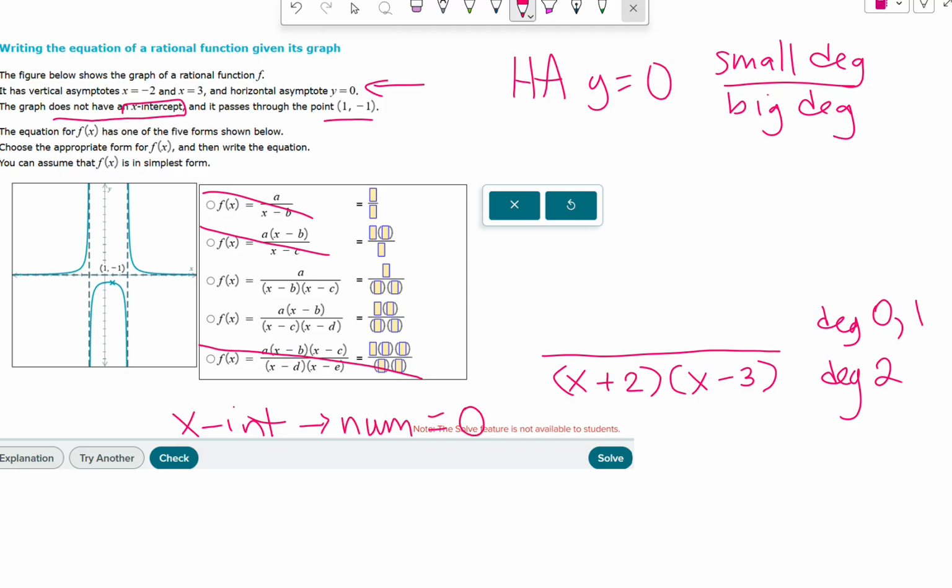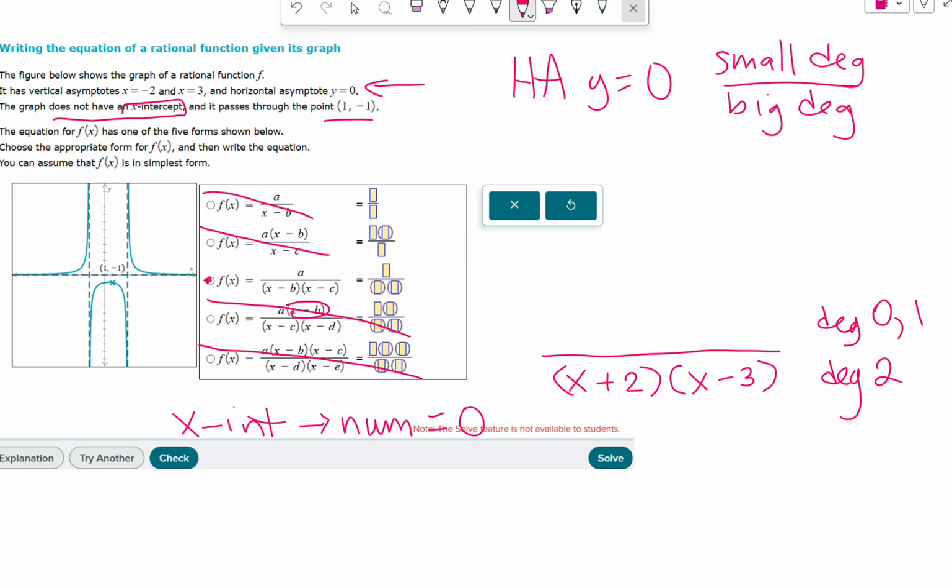Sorry about my writing. I have to write with my finger, so it's a little challenging. All right, so if I had an x-intercept, I would have an x minus something in the numerator. That would give me my x-intercept. So since I don't have that, I can cross out this choice. And now I know that my answer is the third choice.